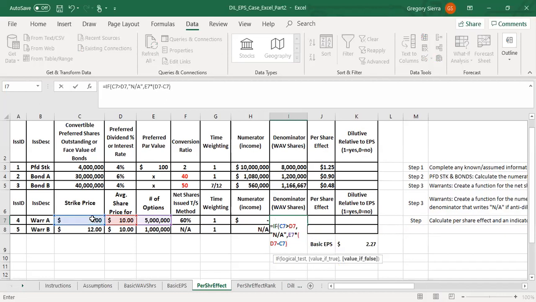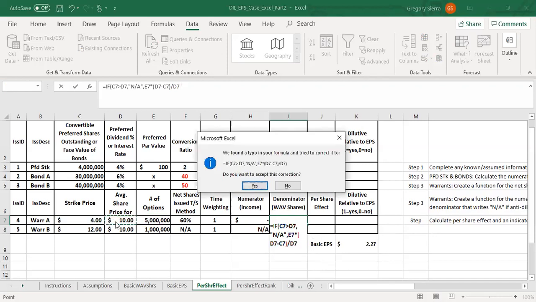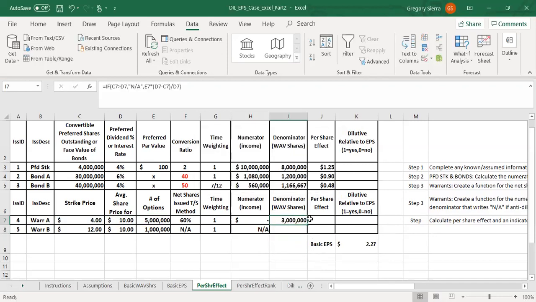So net, you're getting 4, but net it means you're issuing 60. Okay, so this is 10 minus 4 is 6 over 10, which means that 60% net are issued. Otherwise, it's telling you you're buying back 40%, which means 60% net was issued. 60% of 5 million is 3 million.